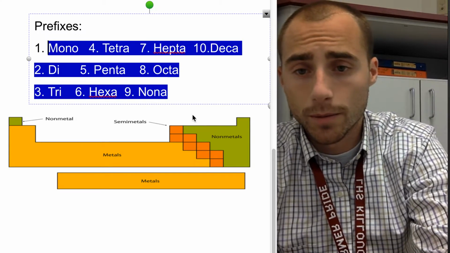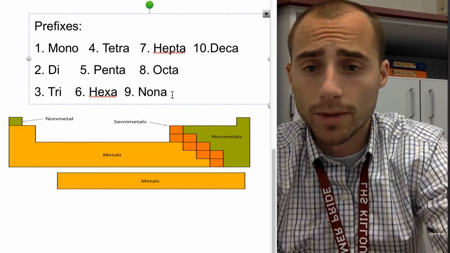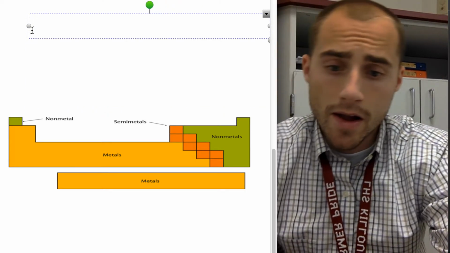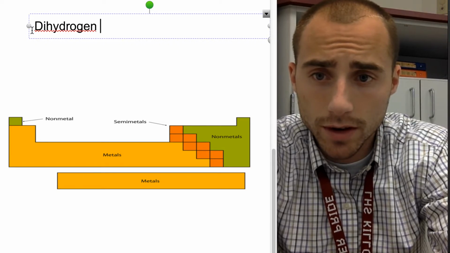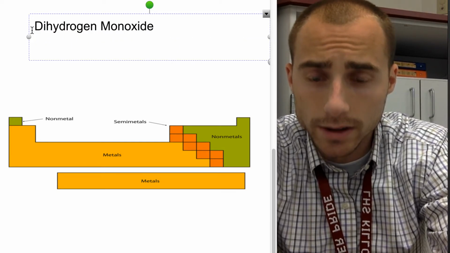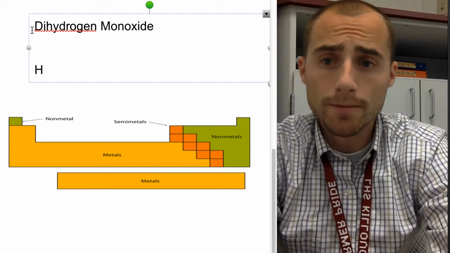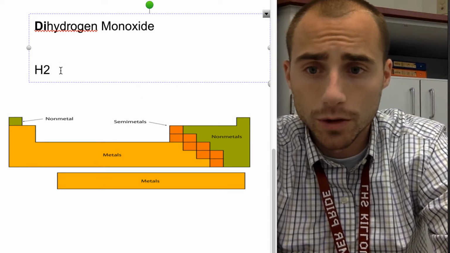I'm about to delete it. But remember our rules: prefixes and the second element ending in "ide." So let's do some examples. The example we already did, dihydrogen monoxide. If you have your notes, you'll see di is the prefix for 2, so that would be hydrogen. We know there are 2 hydrogens, so it's going to be H2.